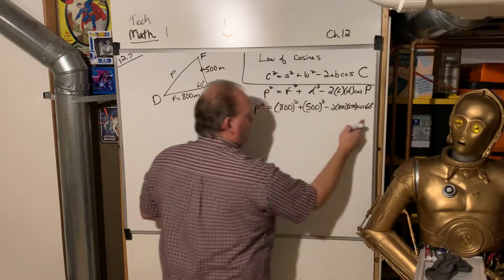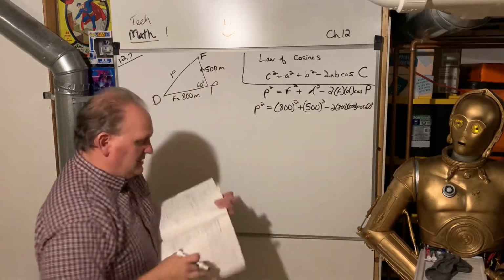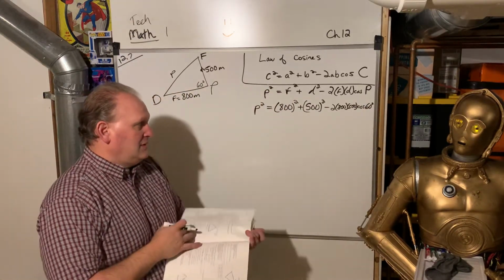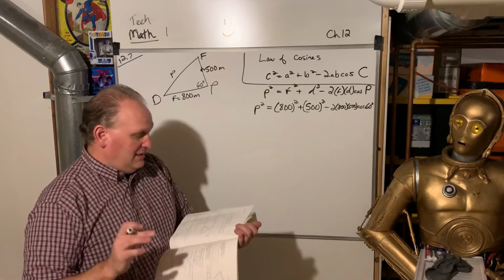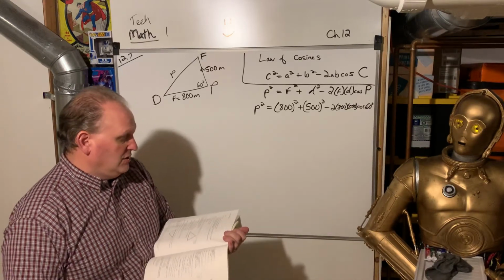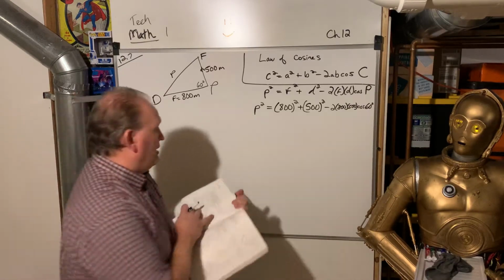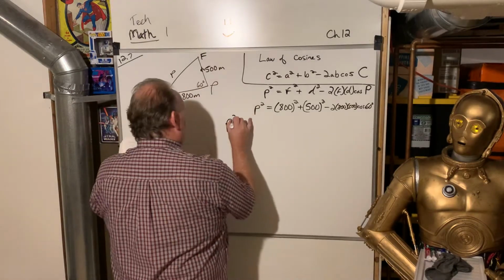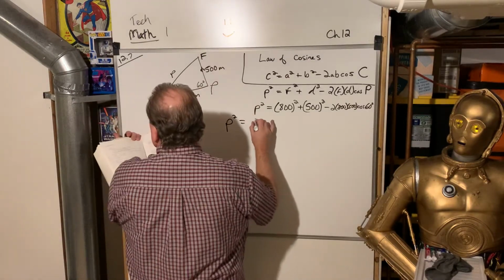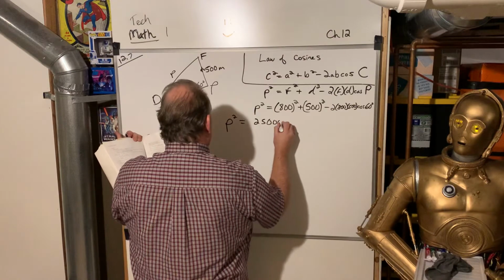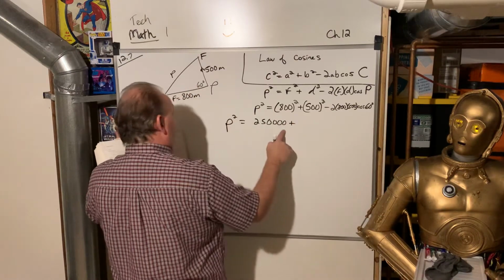Really, all of this you can type into your calculator in one shot and hit enter and get a number, all right? We'll break it down here like we're writing it down, but usually I don't write this down.